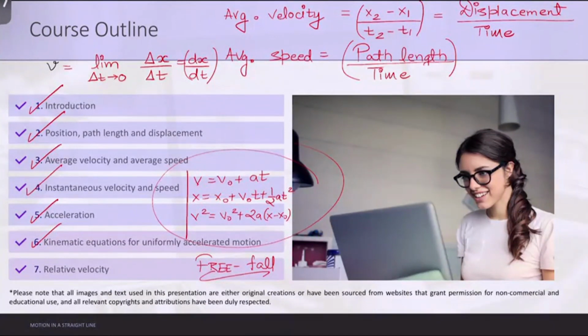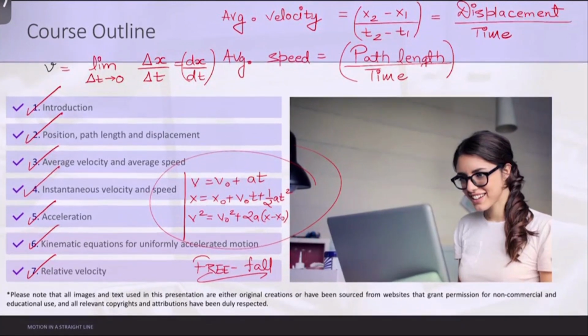The acceleration will be constant only, and we found the resultant velocity, displacement, and time. Finally, there were some examples, such as reaction time, stopping distance, and Galileo's law of odd numbers. And in the last lecture we started relative velocity. So now let us understand relative velocity and then move forward.